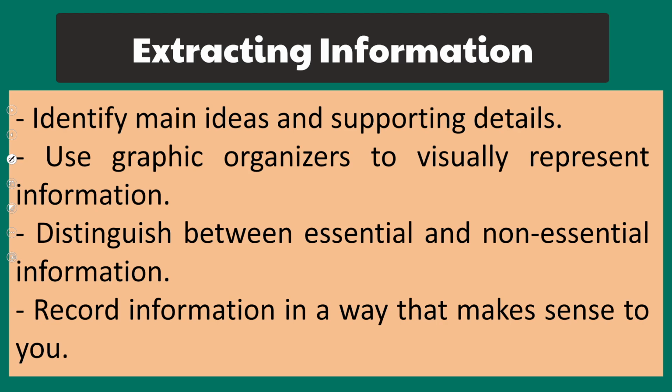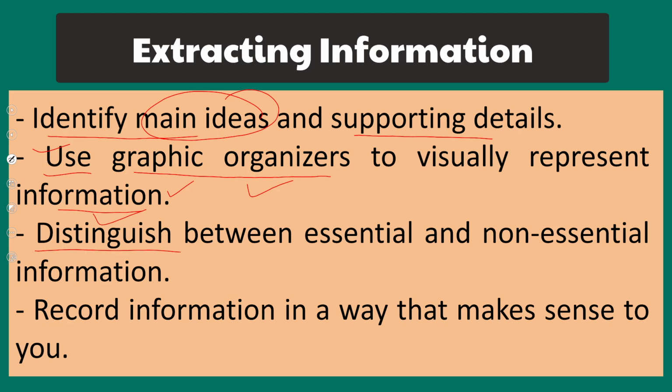Now, students, extracting information. The SLO says to extract information. Extract means get information. So identify the main ideas and supporting details. We use graphic organizers to visually represent information. We read a paragraph or any text and then organize it in graphs. So we are extracting information into another type of graph.